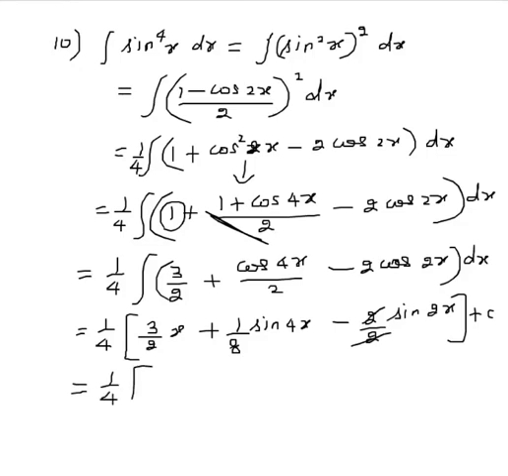Therefore, the final answer is 1 by 4 times 3x divided by 2 plus 1 by 8 sine 4x minus sine 2x and plus c.